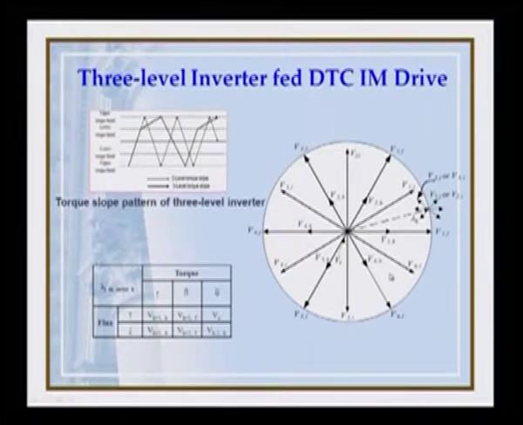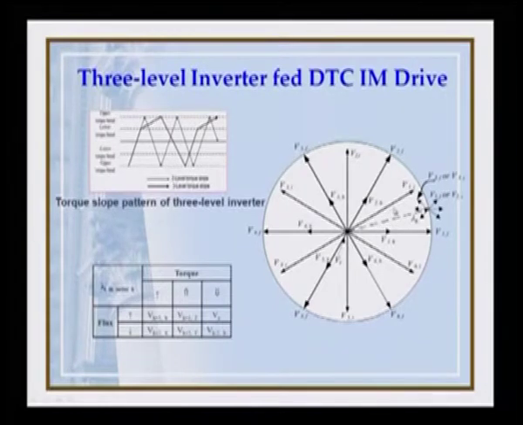and in between we have intermediate voltage vectors. For example, we have here V1i, the intermediate voltage vector, and V2i, V3i, V4i, V5i and V6i. So when we control, the flux lambda s can be anywhere here. And what are the various sectors that we have already discussed?